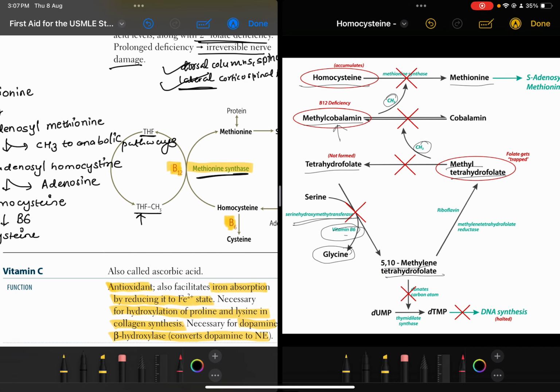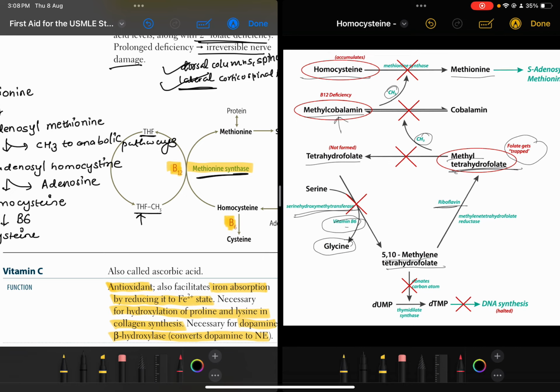And again this will be converted into methyl tetrahydrofolate. But what will happen in B12 deficiency is that this methyl tetrahydrofolate can't get converted into tetrahydrofolate because it can't donate the methyl group to cobalamin. Tetrahydrofolate won't be formed, so folate gets trapped here. That's why it is known as the folate trap.